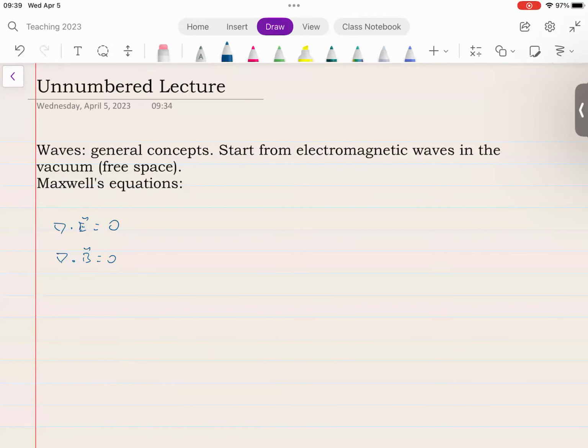Divergence of E is equal to 0. There is no charge. Divergence of B is equal to 0. Del cross E is equal to minus dB over dt. And del cross B is equal to 1 over c squared dE over dt.